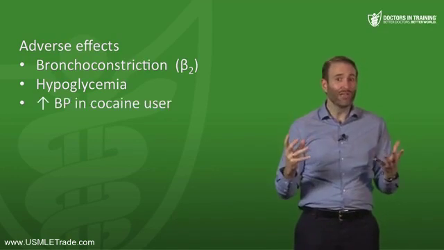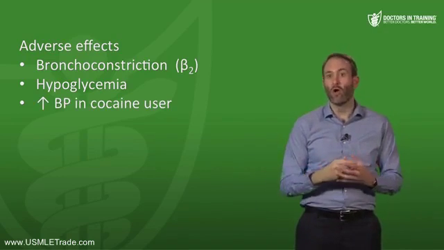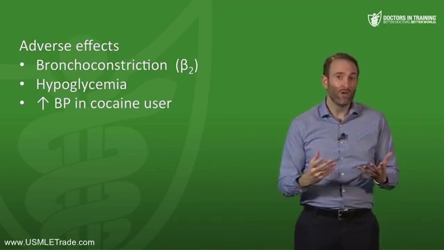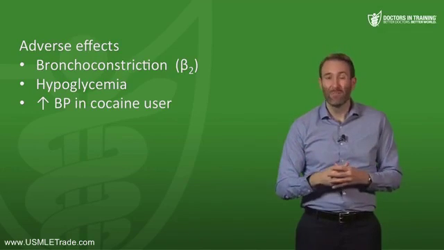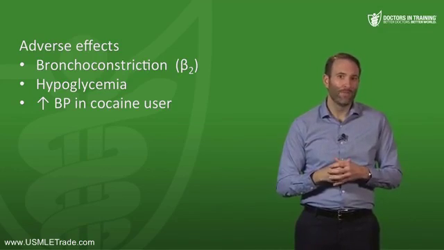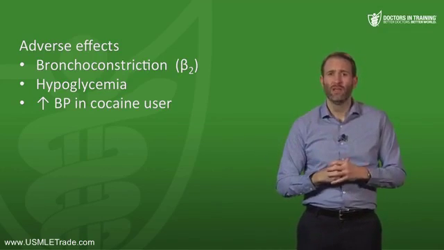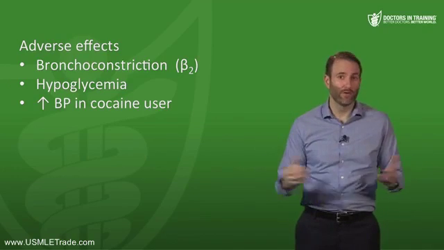So you might actually have an increase in the blood pressure when you give a beta blocker to a patient who's already on cocaine. Instead, what are we going to do? We're going to use things like benzodiazepines, maybe even phentolamine, that alpha blocker, to help calm down that sympathetic stimulation in a cocaine overdose.